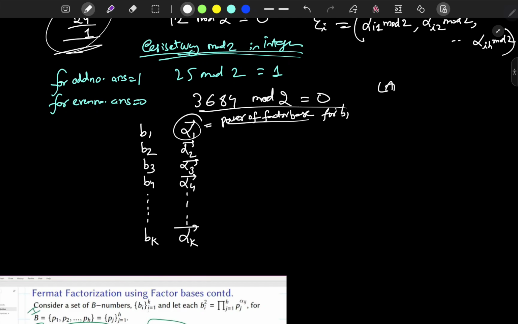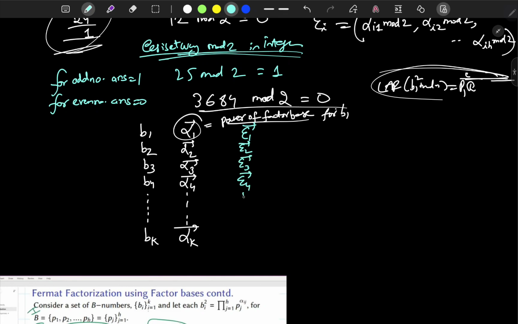That means if you find B1 squared mod n, it can be written as P1 to something, P2 to something and so on. If you write those exponents in a tuple, that is called a vector, alpha 1 to alpha k. Correspondingly you define epsilon 1 to epsilon k.